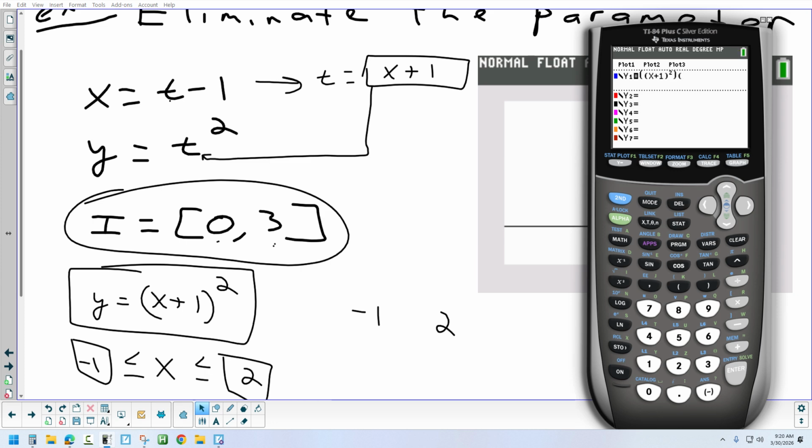And then we need x to be greater than or equal to -1, and we need it to be smaller than 2. Second test. 6, 2. Let's see what we get.